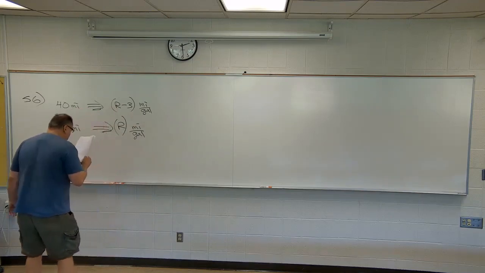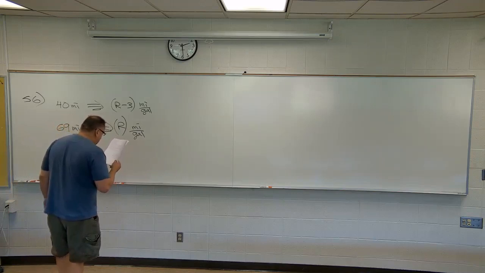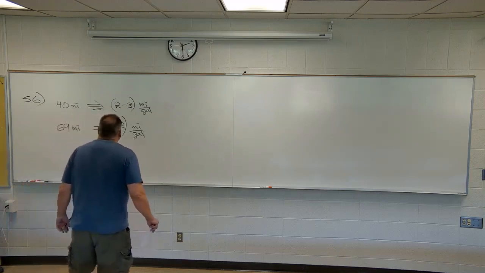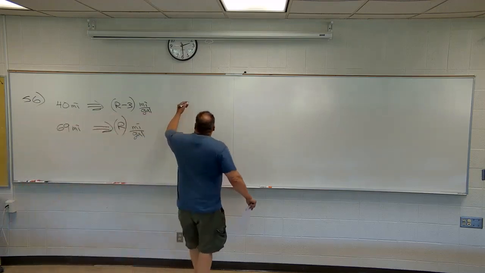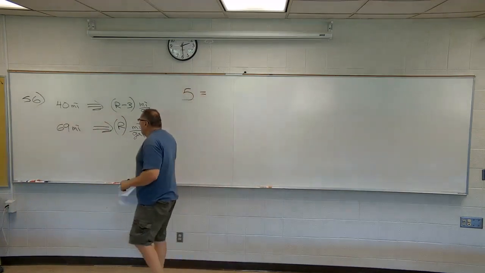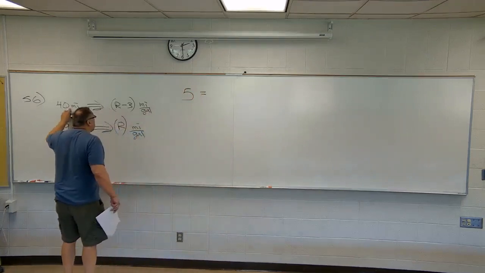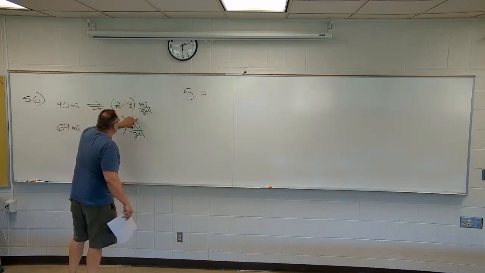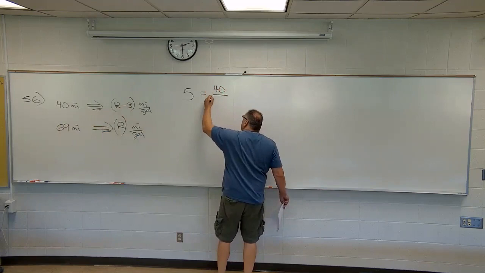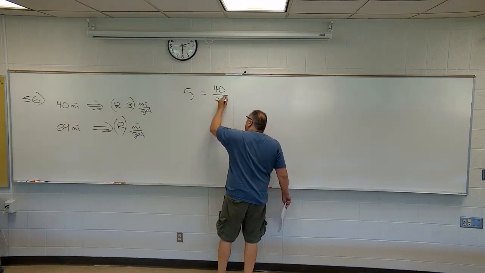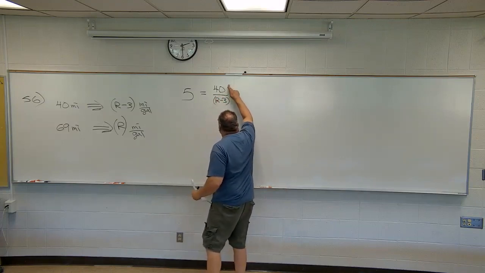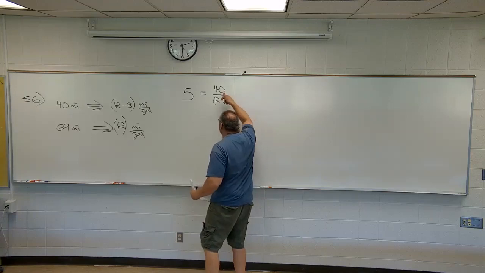If the total amount of gasoline used for the trip was 5 gallons, find the gas mileage of the car on the highway. So it used 5 gallons of gas total. You understand that 40 miles divided by miles per gallon will tell you how many gallons it used. 40 miles traveled in the city divided by R minus 3 miles per gallon will give you gallons.